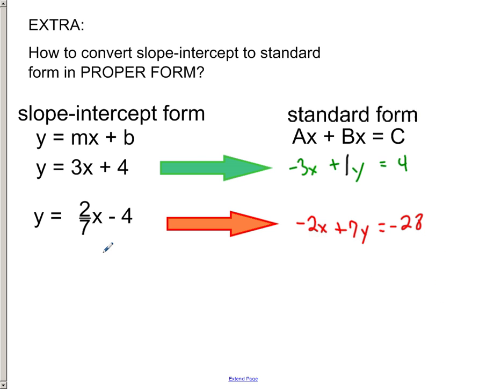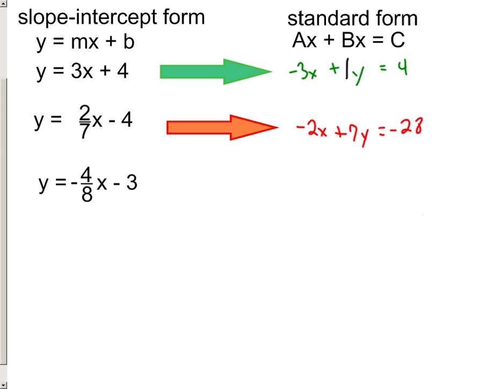Okay, so let's do one more equation and see if we can get you used to it. And here we go. We have y equals negative 4/8 x minus 3. Let's flip it over to standard form, just to show you the problem that you're going to run into.